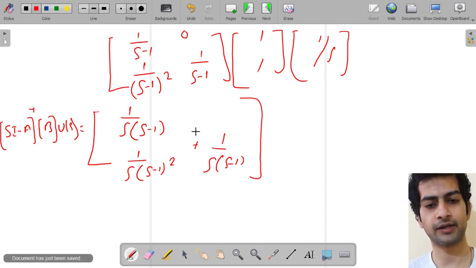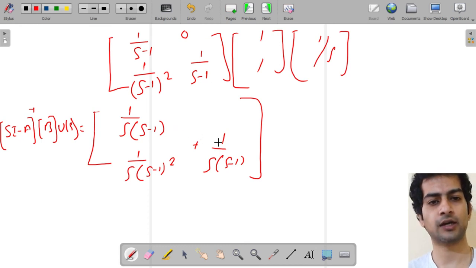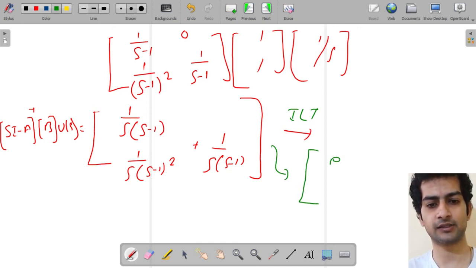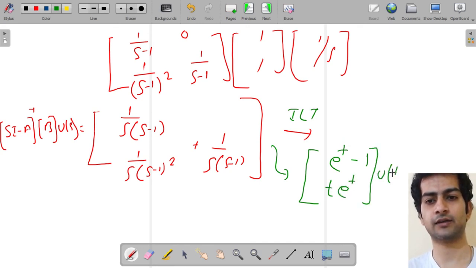Now, if we take the inverse Laplace transform of it, then we will get something like e to the power t minus 1. You can do it on your own and you will get the result like this.